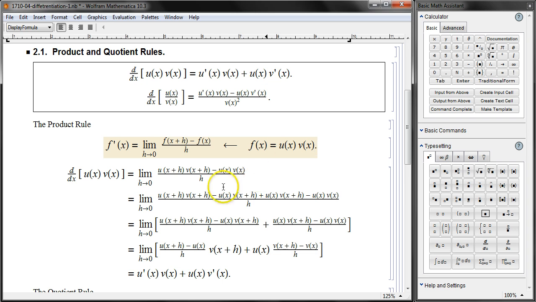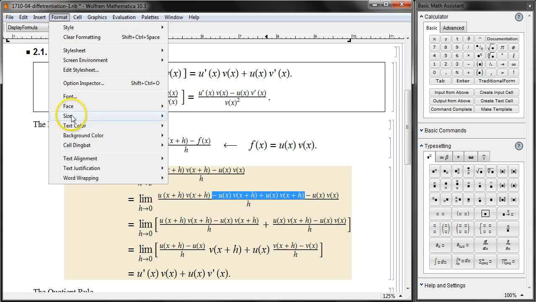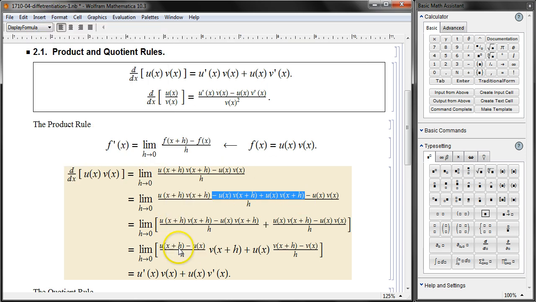Okay, and then what we have, here in the numerator, we do something ingenious. We subtract and add the same quantity. Consequently, I didn't change anything. It's equivalent to adding 0. The strategic quantity that I'm subtracting and adding is u of x times v of x plus h.